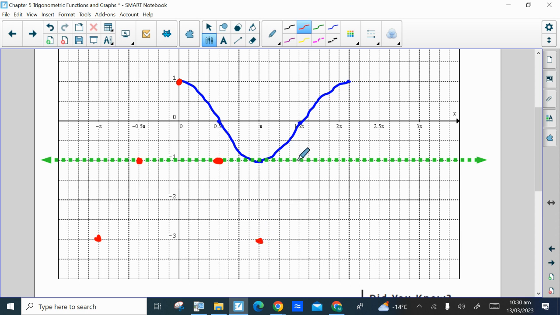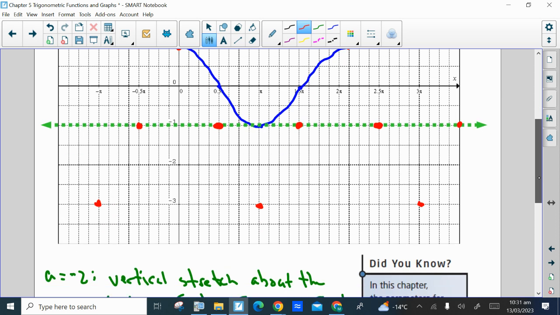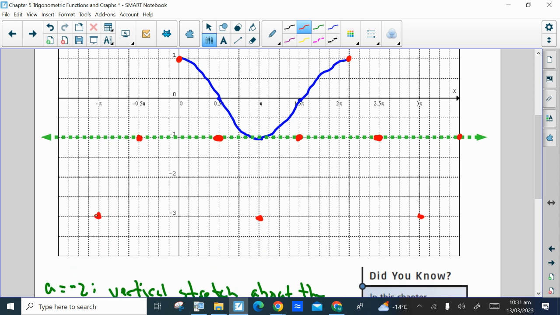Another half pi, back to the middle. Another half pi, we're at our maximum. And we can continue a little bit more here. Another half pi, we're in the middle. Another half pi, we're at our minimum. And another half pi, we're back to the middle. So I've got more than one cycle of this graph that I can draw.